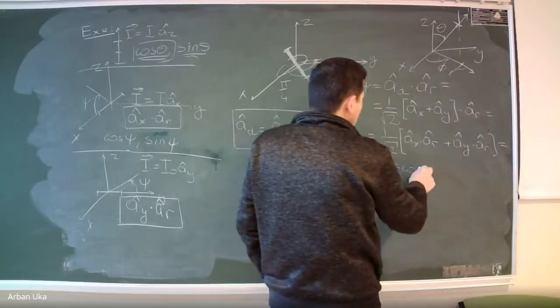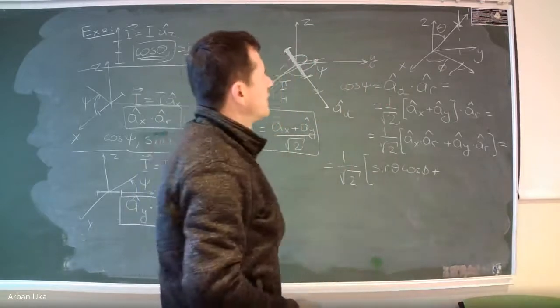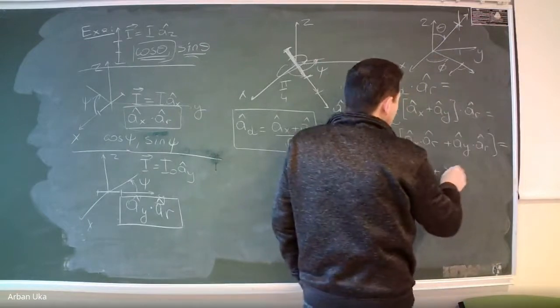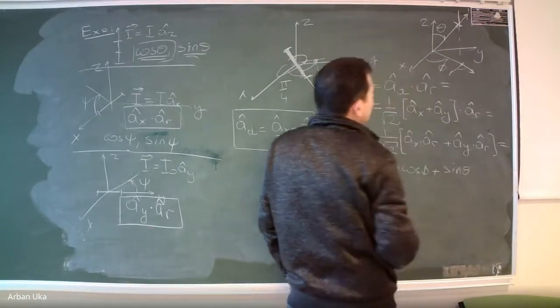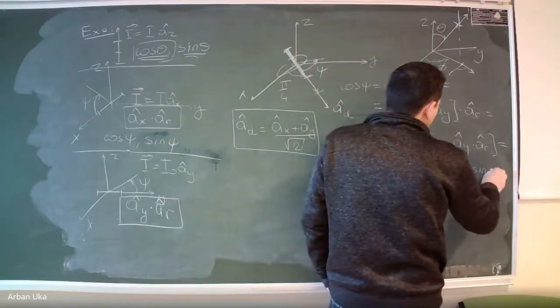So this is going to be sine theta cosine phi. Then AY dot AR, again we have to project the AR onto the xy plane, which is still sine theta, and then we multiply by sine phi.